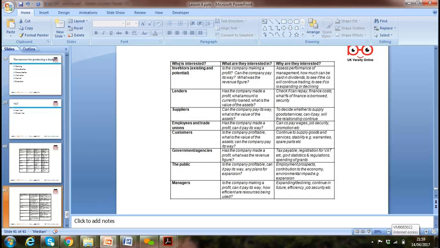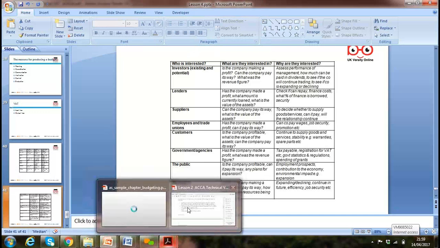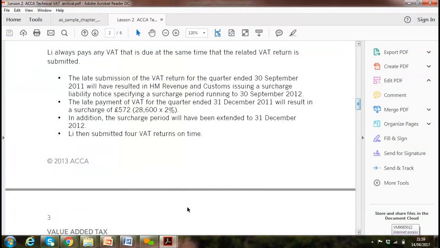Recapping: users of financial statements, what type of financial statement information is provided, who those people are, and why they are using these financial statements. So please go through these, and we need to work on the assignment now.